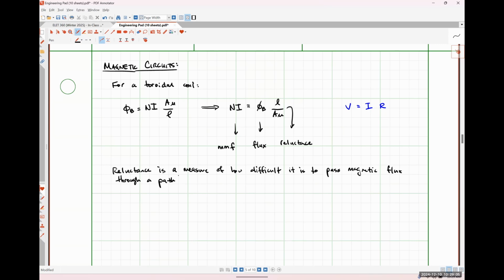Okay. So what a high reluctance medium allows us to do is effectively store more energy. So when we're designing things like inductors and all of that kind of stuff, air gaps are typically good. For transformers, air gaps aren't typically good.